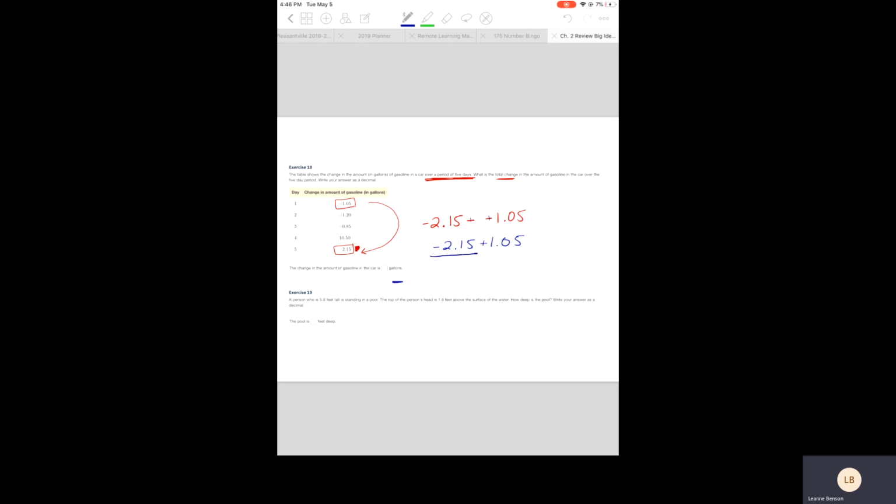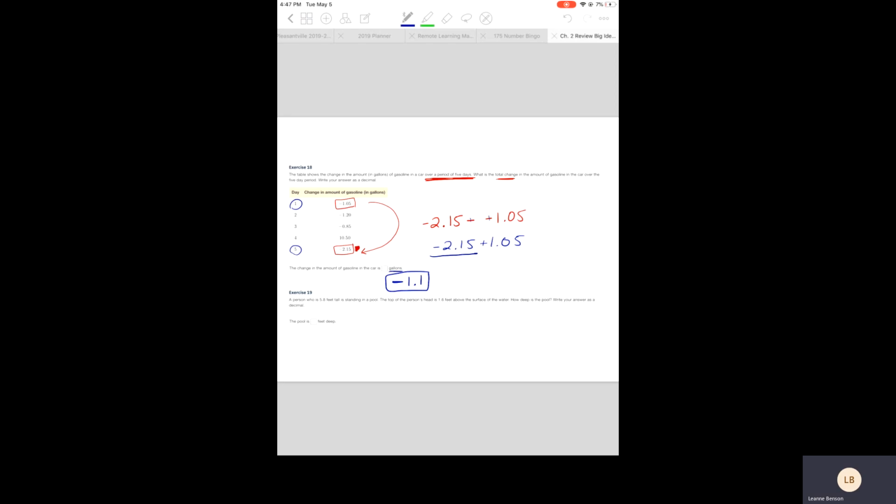And then I'm just going to do 2.15 minus 1.05. And that's going to give me an answer of 1.1. Okay, so from the last day to the first day, or from the first to the last, it went down by negative 1.1. Again, the unit's already written there for you, so you don't have to write the unit.